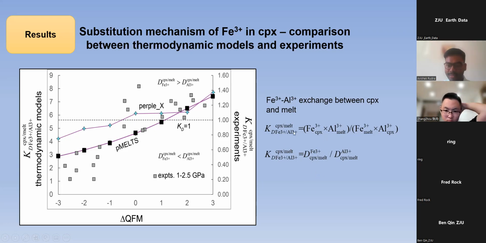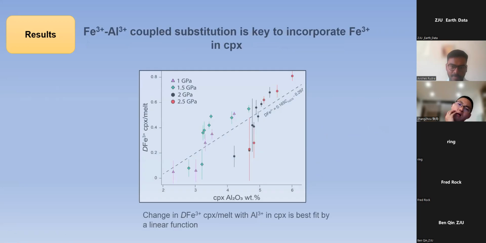So aluminum does have a very important role to play in stabilizing ferric iron. Ferric iron replaces the aluminum in the tetrahedral site as the system becomes more and more oxidized. And that explains the positive correlation between aluminum concentration in the CPX and the CPX ferric iron partition coefficient.